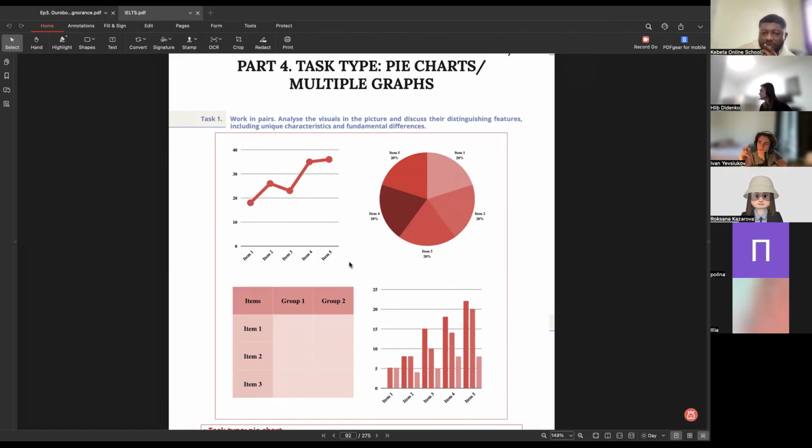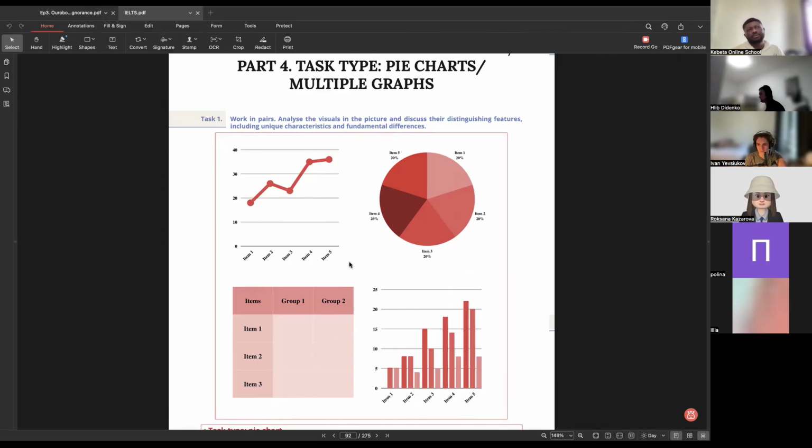They are similar in comparing data, but the bar chart shows changes through the years or through time.